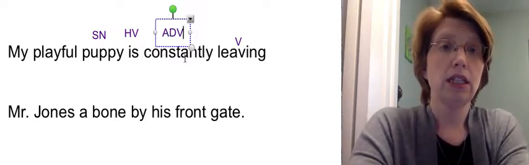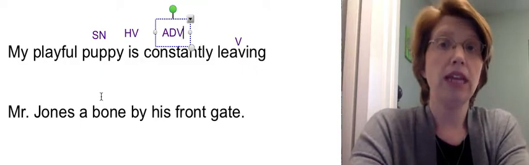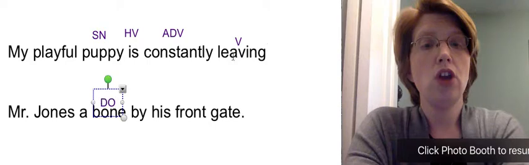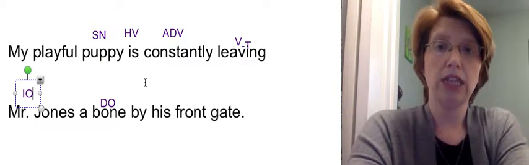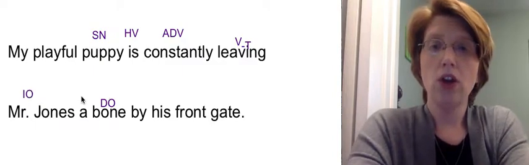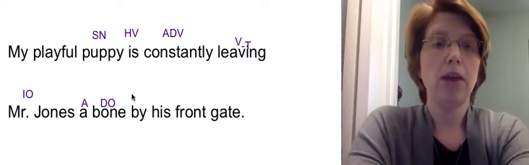Okay, puppy is leaving what? Bone, verify the noun. Does bone mean the same thing as puppy? No. Bone, direct object. Leaving, verb transitive. Leaving a bone for whom? Mr. Jones, indirect object. A, article adjective. By, preposition.